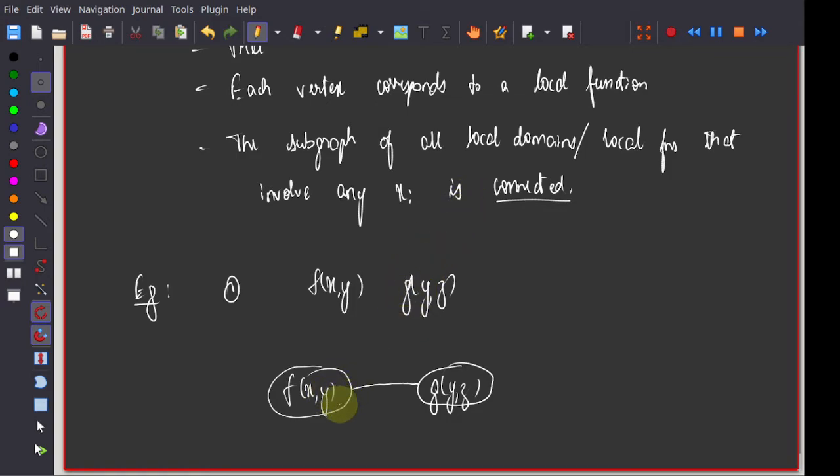Look at the subgraph containing only local functions involving y, which is both. These two, f and g, are connected. Look at z: the subgraph containing only functions containing z is just g of y, z. Correct. So it's a valid junction tree.